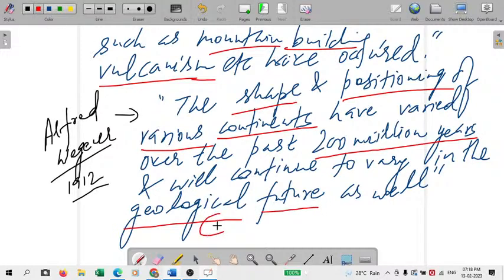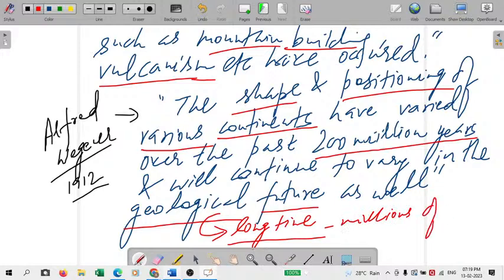Geological future, by this we mean a long time in the future, for another millions of years. When we look into the future for the next millions of years, the shape, size and position of the continents which we see today will not remain the same.